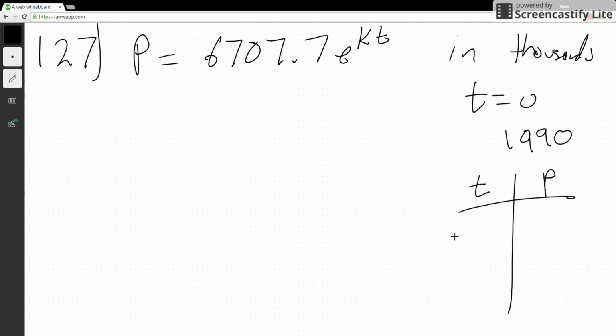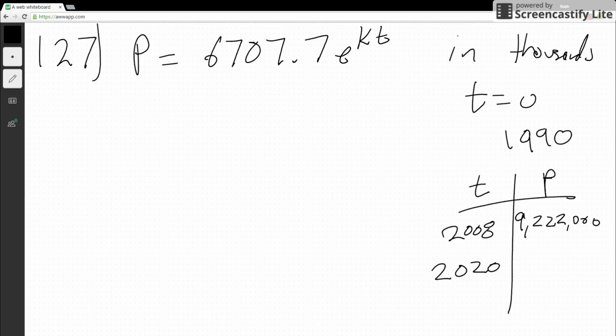The population in 2008 was equal to about 9 million. They want to know what's k and what would the population be in 2020. So I need k to figure that out, right? If I knew the k value up here, I could just plug in and get it.